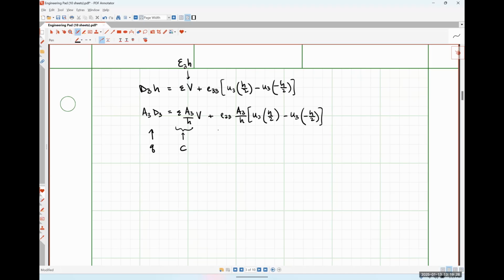So what I'm going to do now is take the derivative of both sides of this thing with respect to time, because I know that current is the derivative of charge with respect to time, and this whole thing is effectively charge, right?